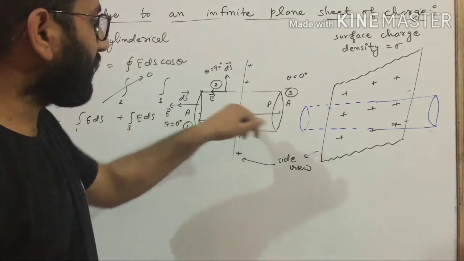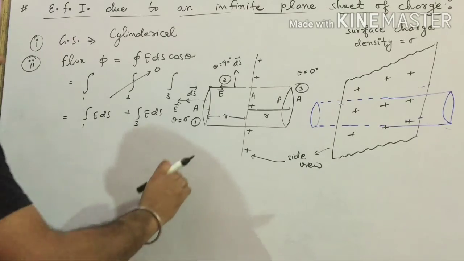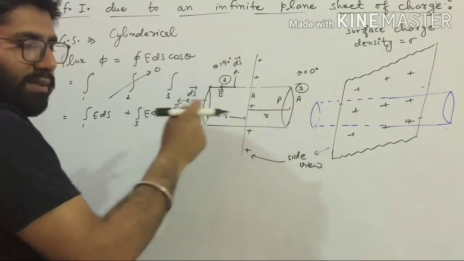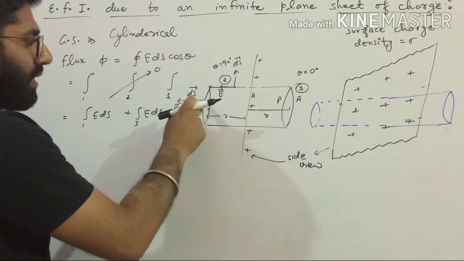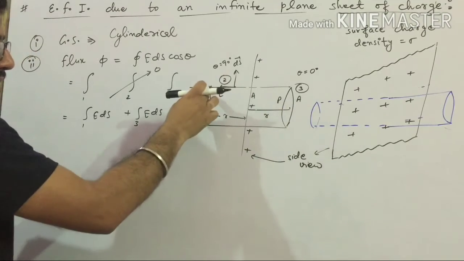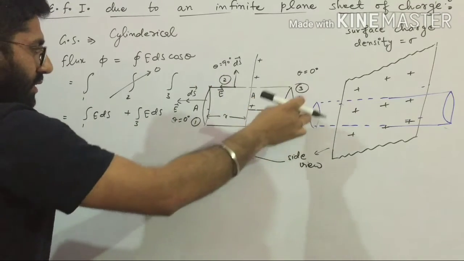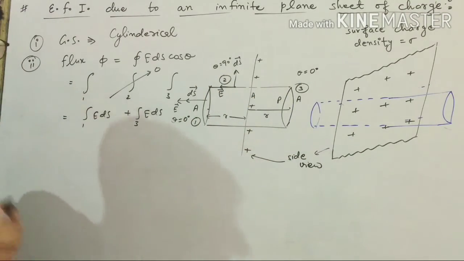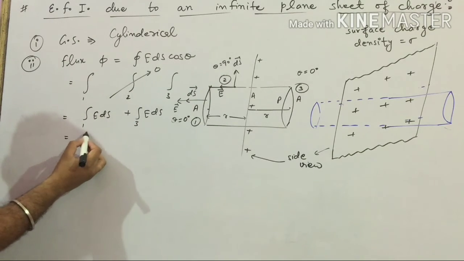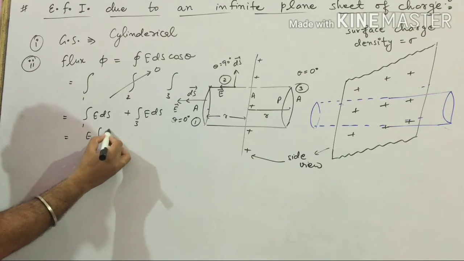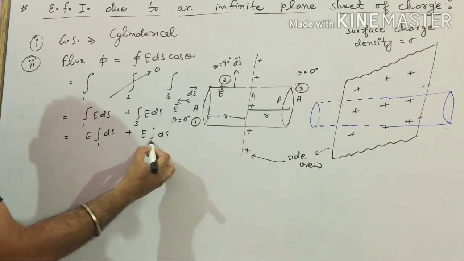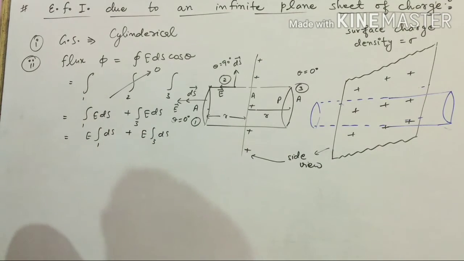Because surface 1 and surface 3 are symmetric with respect to the charge sheet, the electric field at these surfaces will be equal, and for this whole surface and this whole surface, the electric field will be constant as well. So these electric fields can be taken out of the integral. So we have E integral dS for surface 1, E integral dS for surface 3.